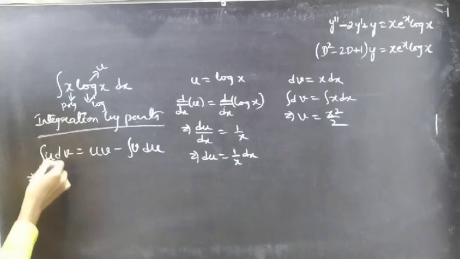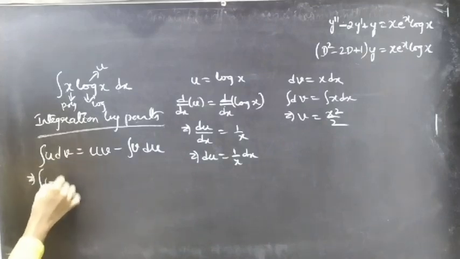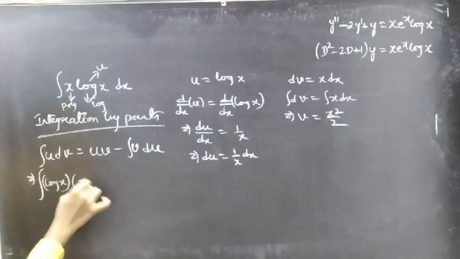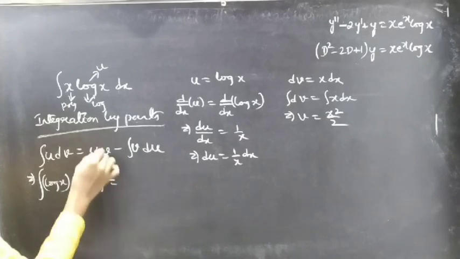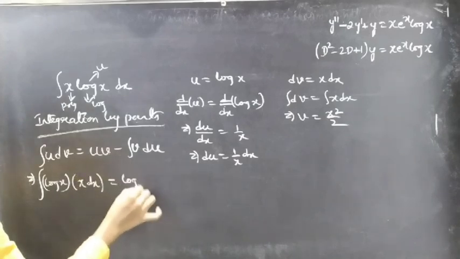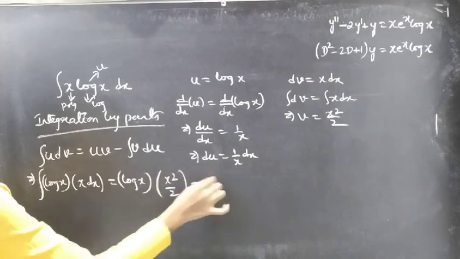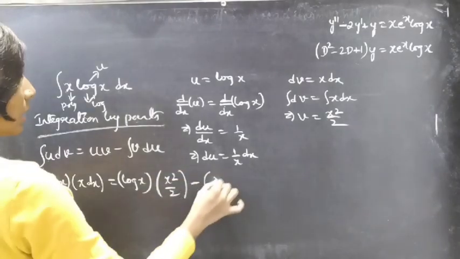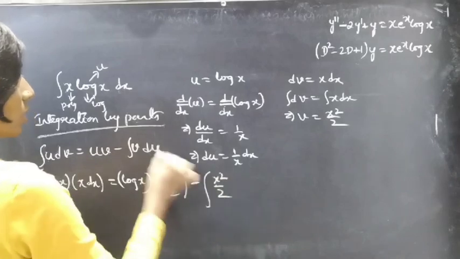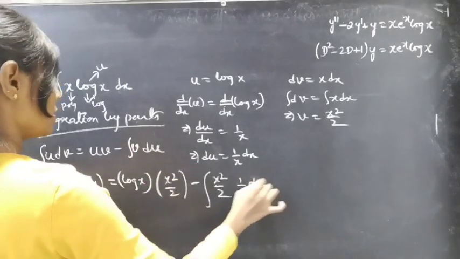We'll get integral of u, log x, into dv, x dx, equals uv, log x into v, which is x square by 2, minus integral v, x square by 2, into du, 1 by x dx, right?